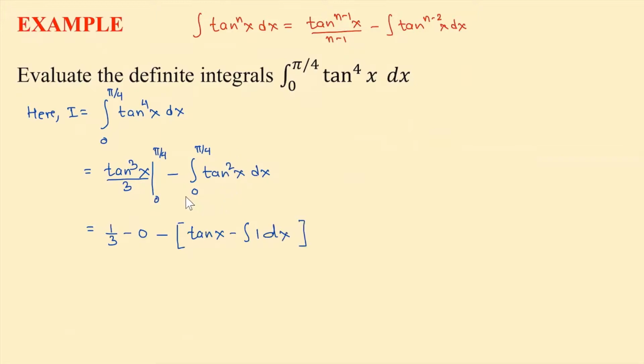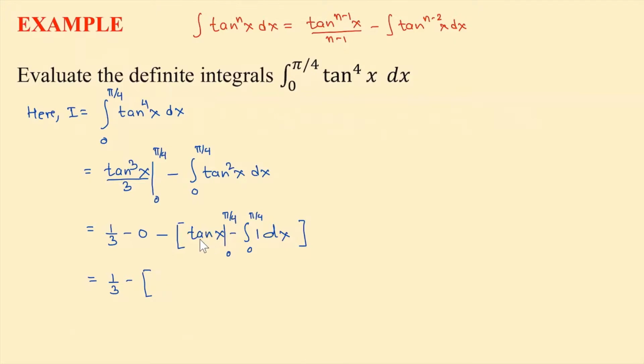Now we need the proper limit of integration. It is from 0 up to pi over 4. This one is integrated, so we have to evaluate from 0 up to pi over 4, which is equal to, here we have 1/3 minus 0, which is 1/3, then minus, for this one, we plug in the upper limit.